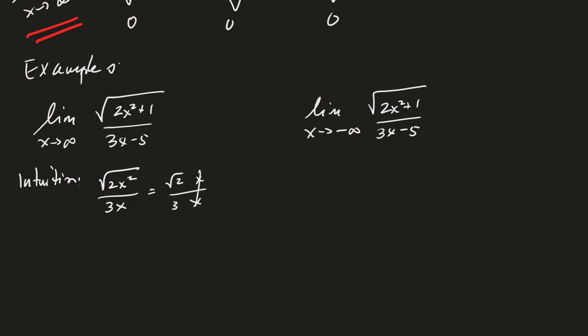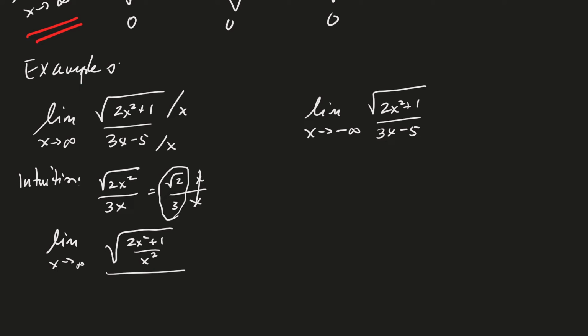And so you could cancel those, and this is what you expect to come out, right? And indeed, that is what happens if you divide the top and bottom by x. We get the limit as x goes to infinity of the square root of 2x squared plus 1 divided by x squared. If you bring the x into the radical sign, then you have 3x minus 5 over x in the denominator.